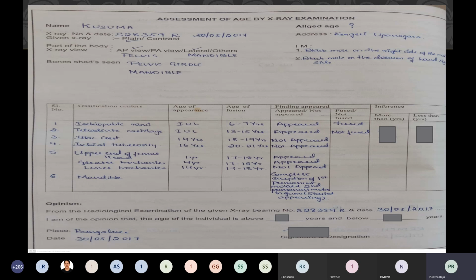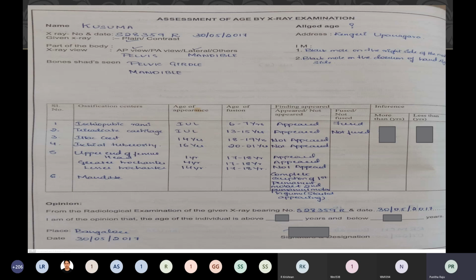The fifth column is, if it has appeared, whether it is fused or not. Each one you're supposed to mention here. And the last column will be your interpretation: the age you finalize after examining all this, more than and less than.